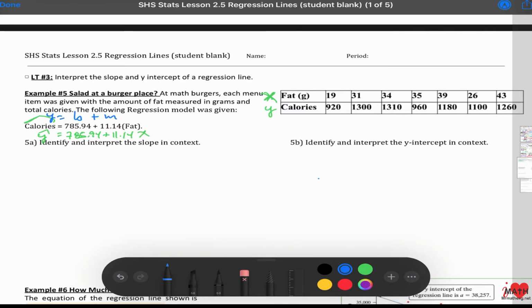You can do something like this, right? Totally fine. And we're trying to find slope. So slope is the number in front of x. So we could say the slope is 11.4. Okay, now this is in front of x. You go up to x is 11.4.